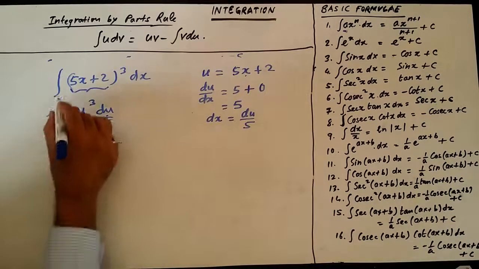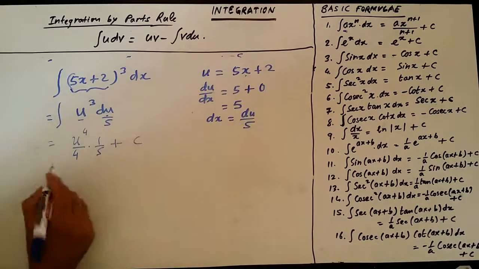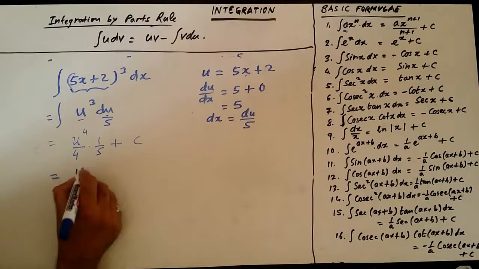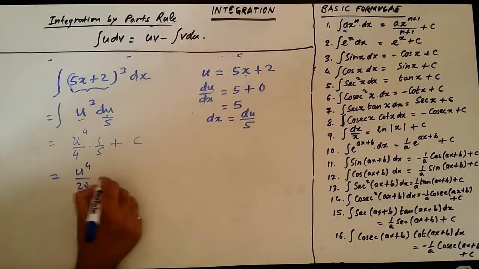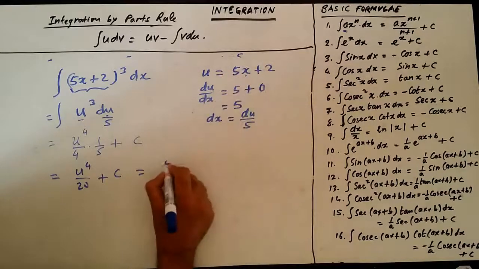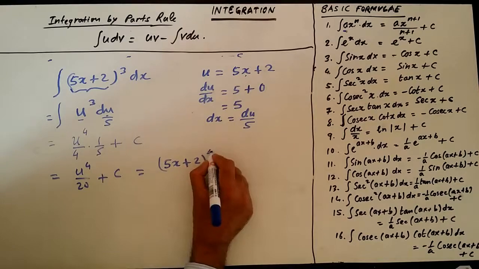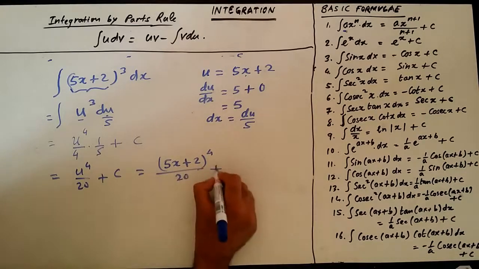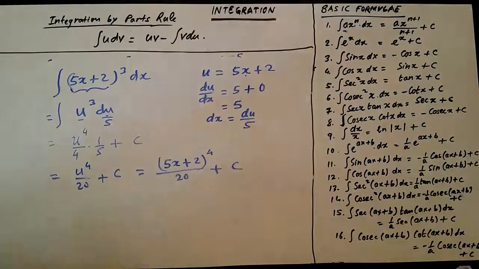And since this is an indefinite integration, we add the constant of integration. So it becomes u to the power 4 upon 20 plus c. We resubstitute u with the original expression, that is 5x plus 2 to the power 4 upon 20 plus c. Okay.